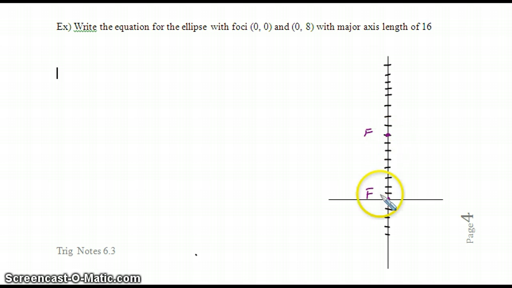Well, what I know is that the foci are on the major axis, so my major axis is going vertically. So if it's elongated vertically, I know that the form that I'm looking to get my equation is where the a value has to be under the y minus k portion, because the a value, which is the major axis, is elongated vertically.